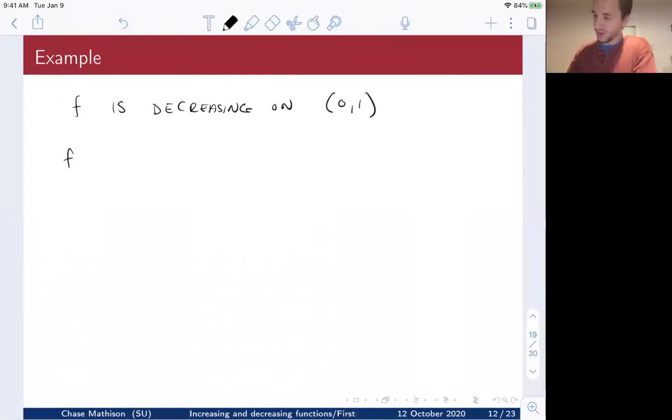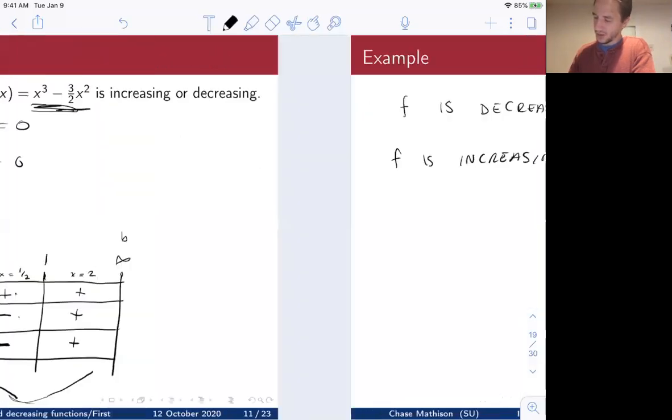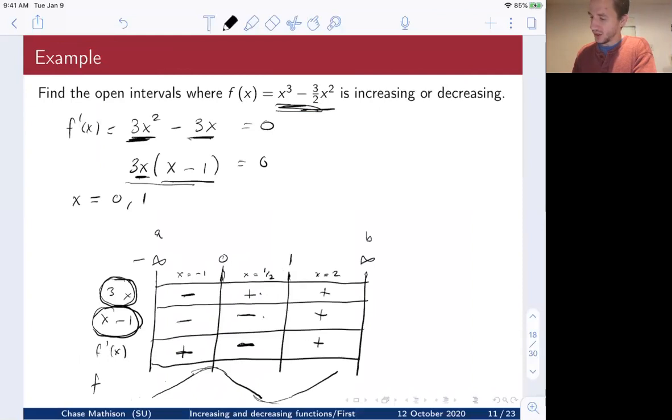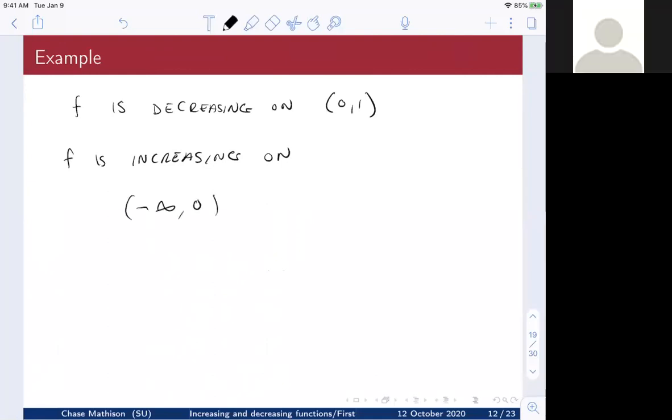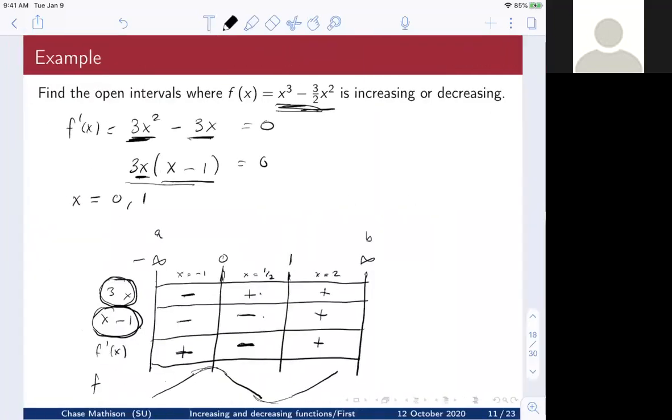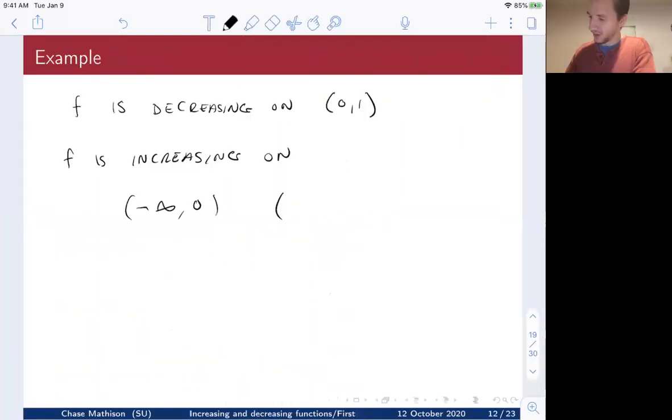And then f is increasing on, well, it's increasing on minus infinity to 0, right? And what other interval? 1 to infinity. Perfect. 1 to infinity.